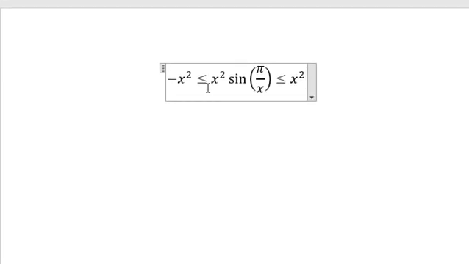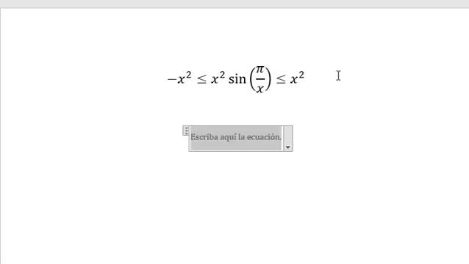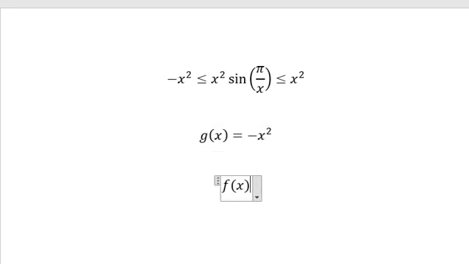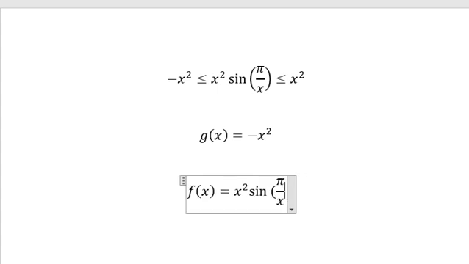Okay, great. So this is our inequality. This function we have here will be our g of x. So let's say that g of x equals minus x squared. Let's also say that f of x equals x squared times sine of pi divided into x.